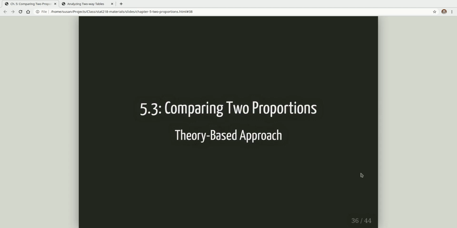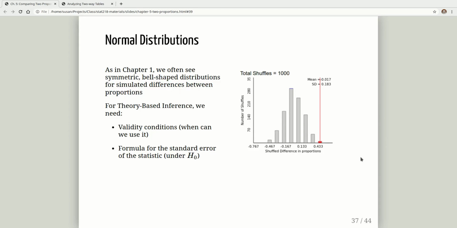Okay, so this is section 5.3, which is the theory-based approach for comparing two proportions. In chapter 1 we talked about types of distributions and symmetric bell-shaped distributions for simulating differences between proportions, right?